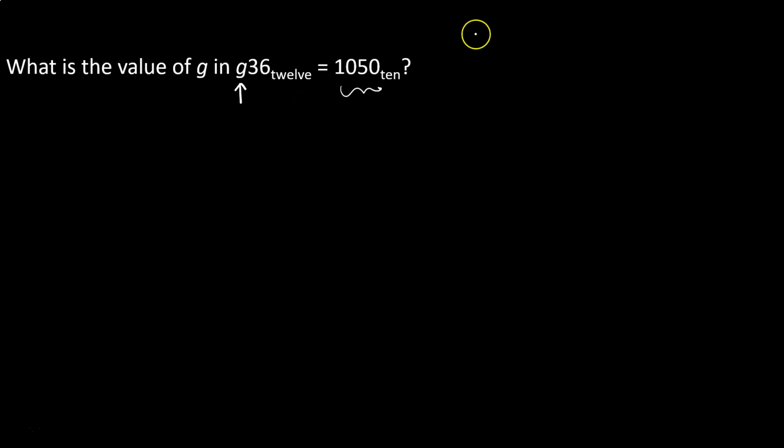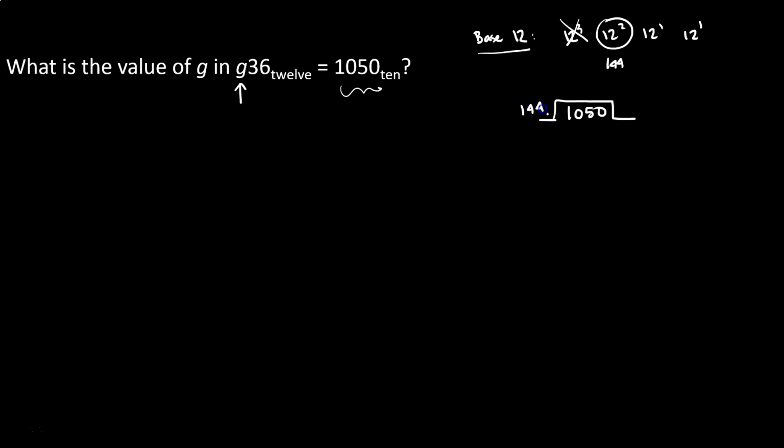If you remember, base 12, if we're starting with a base 10 number, we look at our base 12 place values. 12 to the third power was 1,728, so that's too big. We will start with 144, or 12 squared. We'll take our number, 1,050, put it inside of that little house format.